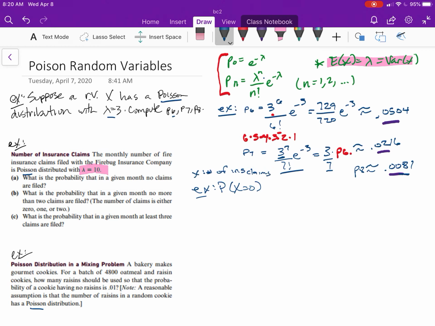All right, well, for A then, P of x equals 0, that's P naught, equals e to the negative lambda. So e to the negative 10, because 10 is our lambda that's given. We get about 0.0000454, a very, very small chance. It's 4 zeros, 454.